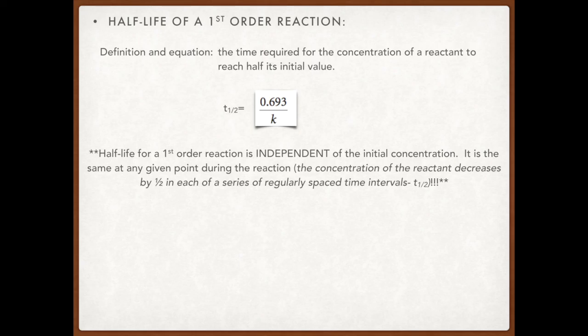And so if you have a first order reaction, it's very easy to determine half-life. In fact, on the AP, the only time you determine half-life is with first order reactions. The second piece of information is that the half-life for a second order reaction, as I had said, depends on the initial concentration of your reactant, which means it's going to complicate things, and we actually don't determine half-life for a second order reaction.